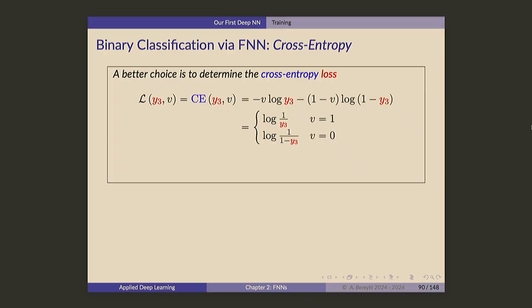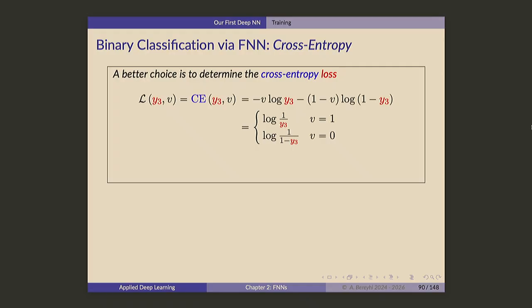So key point, when you want to compute cross-entropy, and we did it here for the binary case, we're going to do it shortly for the multi-class case, it's not a big, complicated definition. You're going to look at the probability that you have, and you're going to take the probability of that label. Log of 1 over that probability is your cross-entropy. When v equals 1, your label is 1. The probability of your label being 1 is y3. This is the one computed by your neural network.